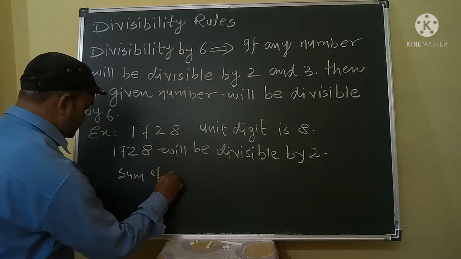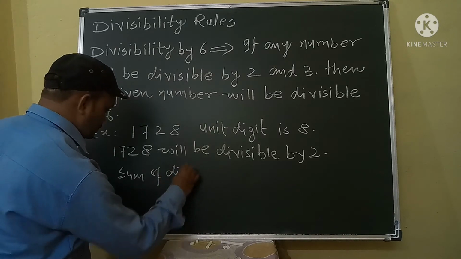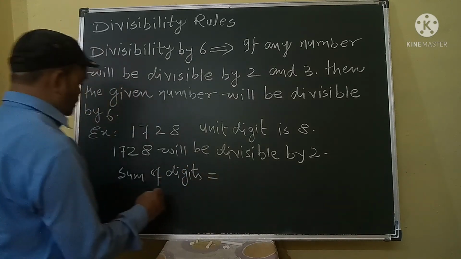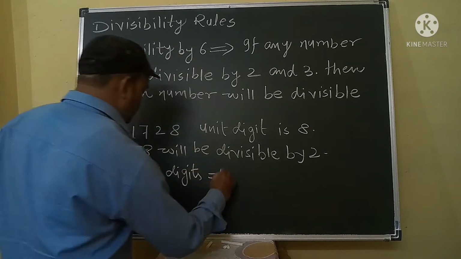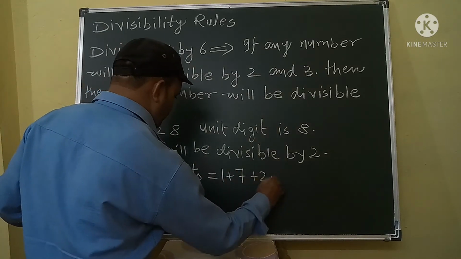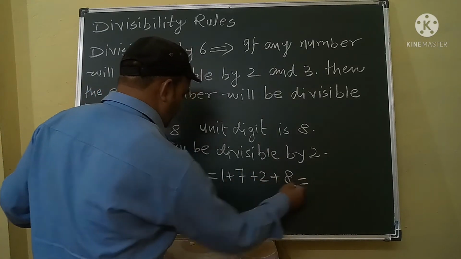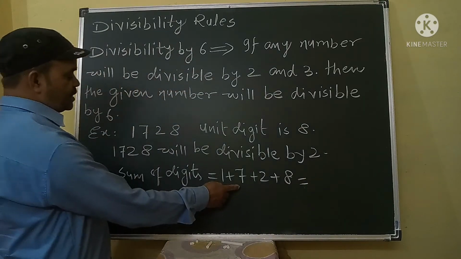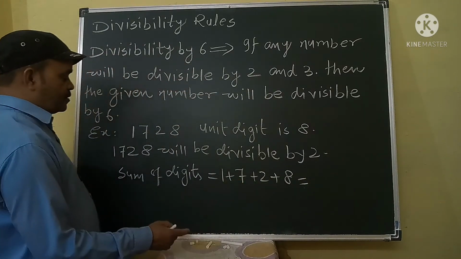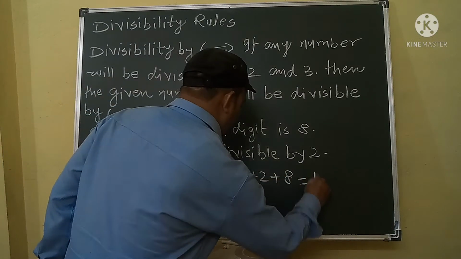Sum of the digits is 1 plus 7 plus 2 plus 8. 1 plus 7, 8. 8 plus 2, 10. 10 plus 8, 18.